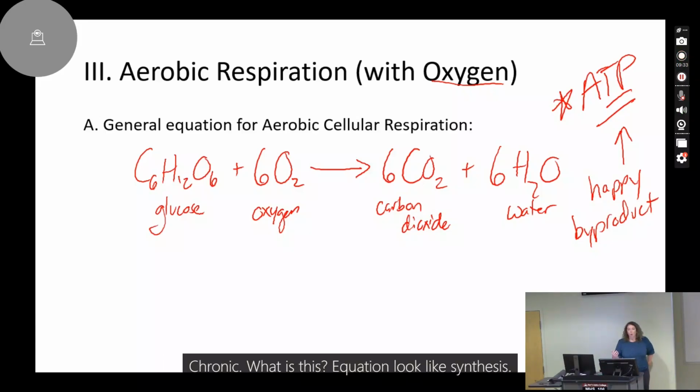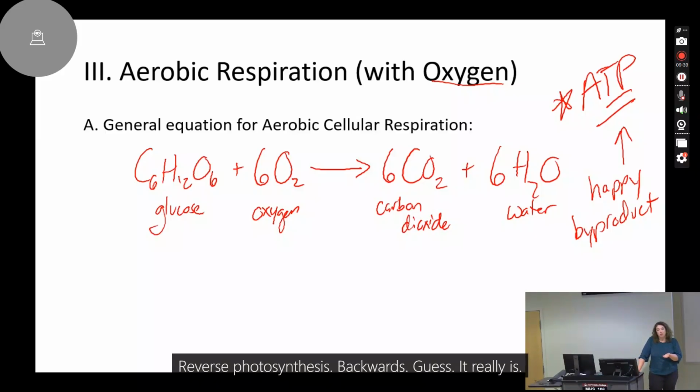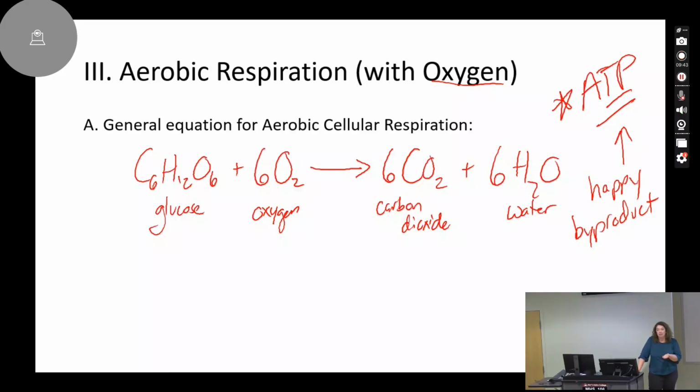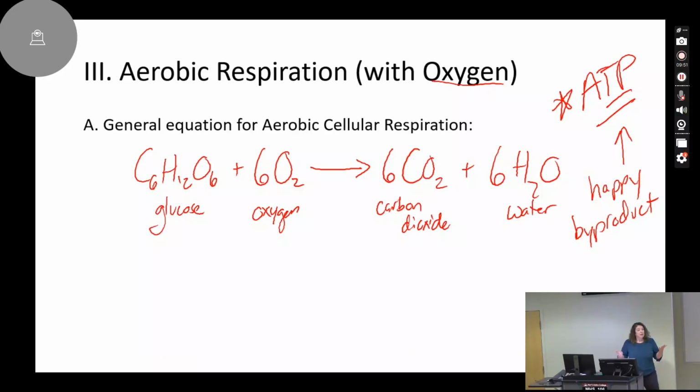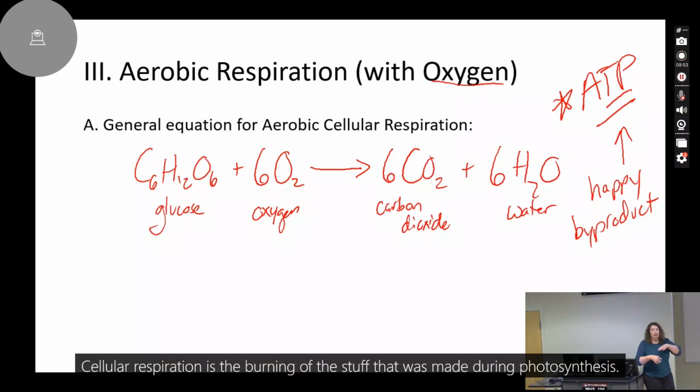Okay. What does this equation look like? Photosynthesis backwards. Yes, it really is. Only we don't have the whole in-the-presence-of-chlorophyll-and-sunlight part. Cellular respiration is the burning of the stuff that was made during photosynthesis.